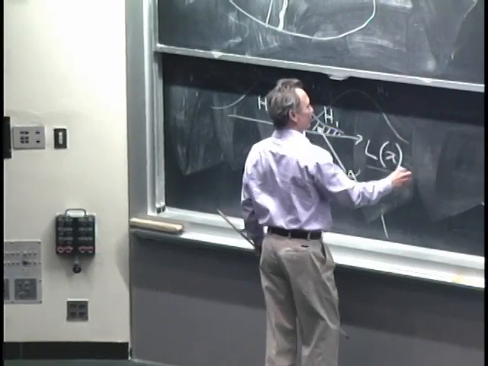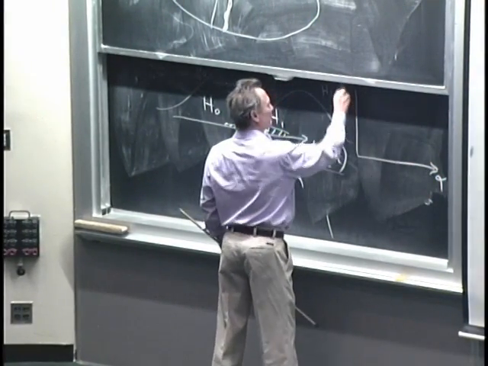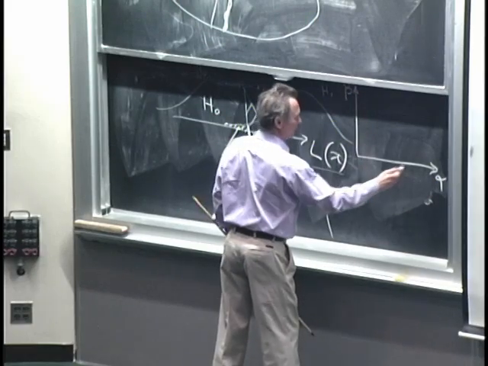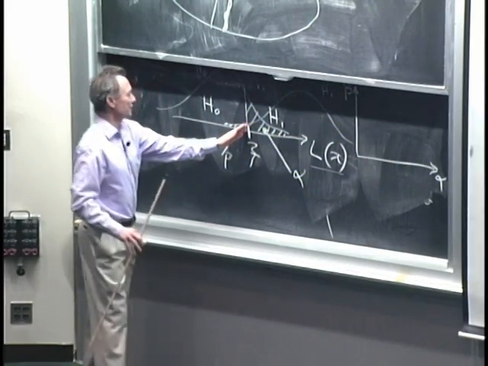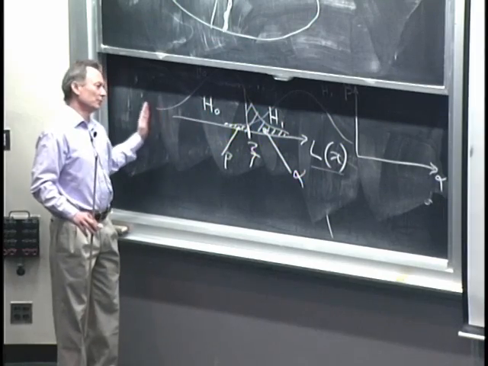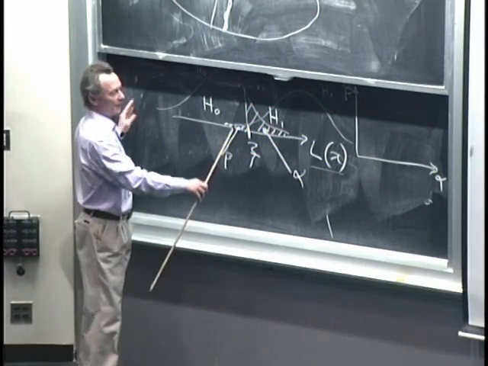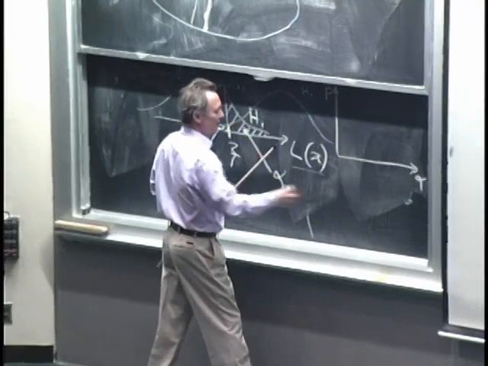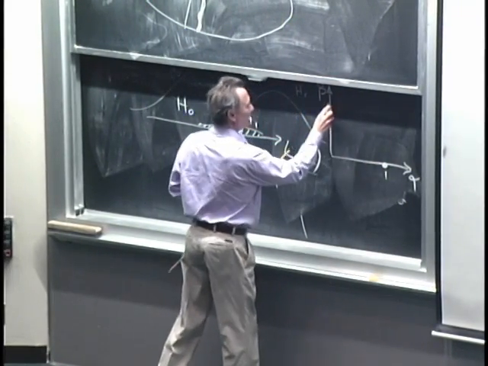And the general picture, in your trade-off, depending on where you put your threshold, is as follows. You can make this beta to be 0 if you put your threshold out here. But in that case, you are certain that you're going to make a mistake of the opposite kind. So beta equals 0, alpha equals 1 is one possibility.